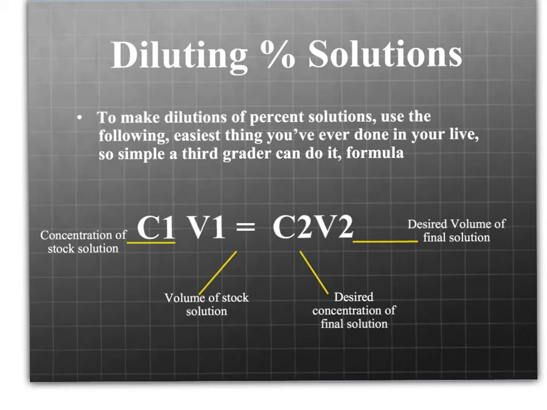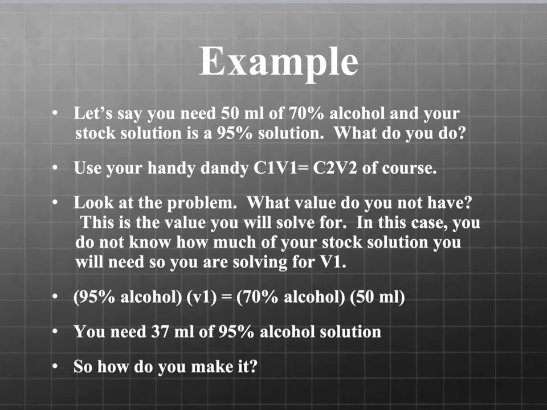Usually your stock solutions are a lot more concentrated than your final solutions. So all you're going to do is use this handy-dandy C1V1 equals C2V2, where C1 and V1 are the starting concentration and volume, and C2 and V2 are the final concentration, which is what you want, and how much of that final solution you want. So here's how that looks.